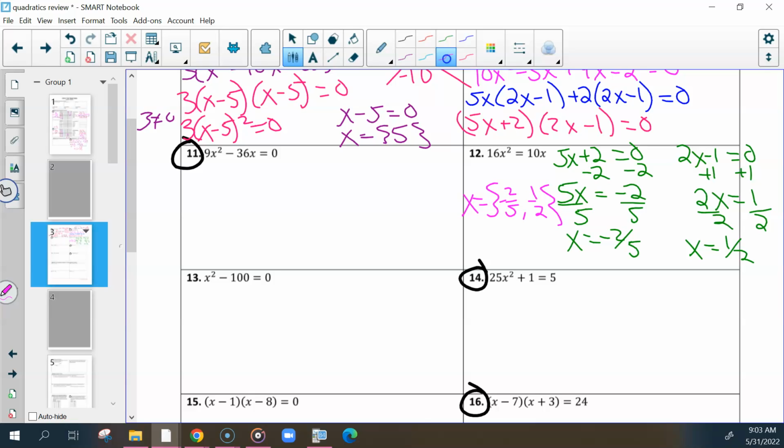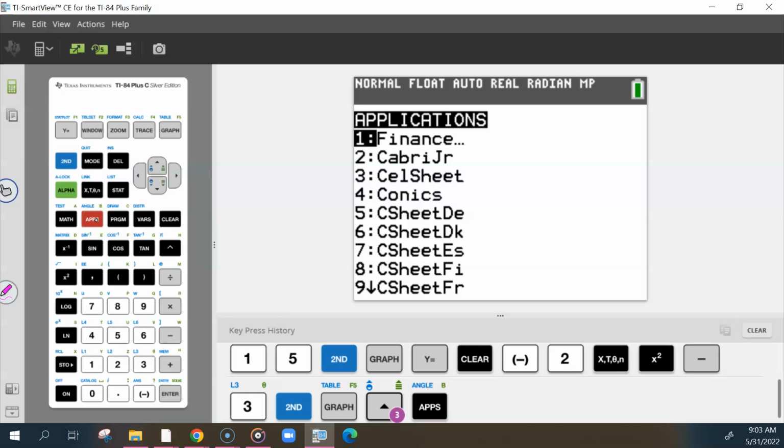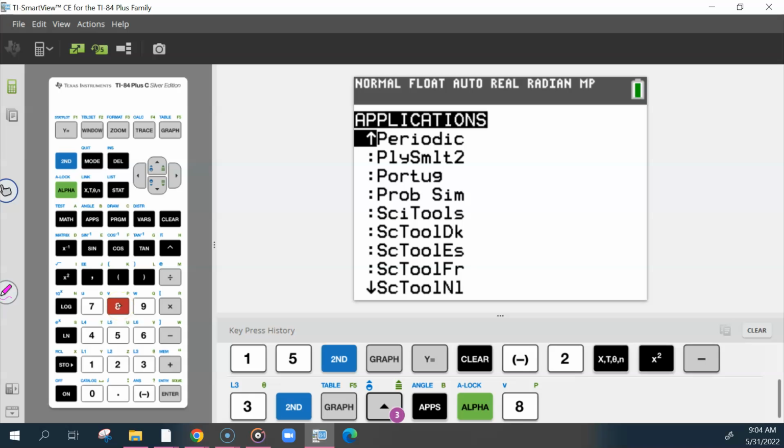So in your calculator, we did this before, but just so you see it again. Go into apps, next to math, next to program, and then find PLYSMLT2.